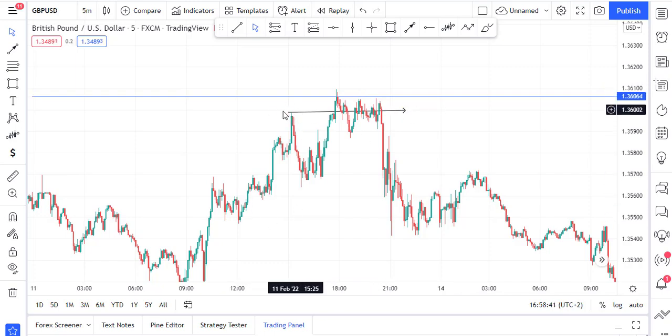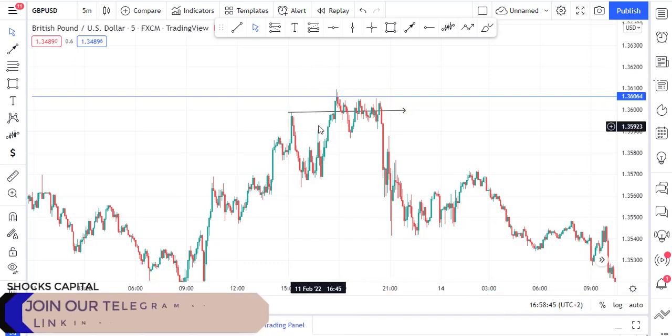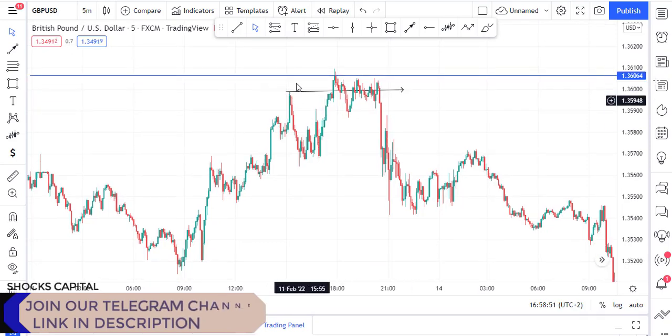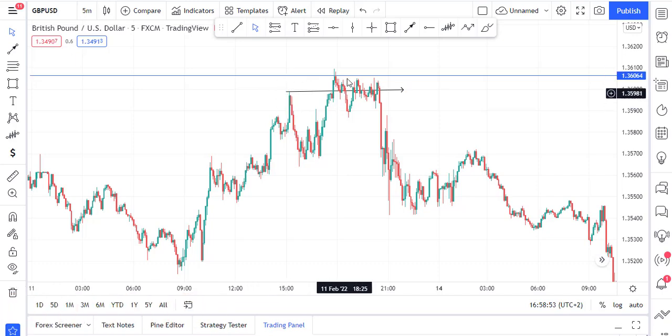We call this a liquidity grab, or a stop hunt, or something of that nature. So price grabs all the money resting above this high and goes into your area of interest. This can be a daily high, a weekly high, a monthly high, a yearly high, an all-time high, or something of that sort.